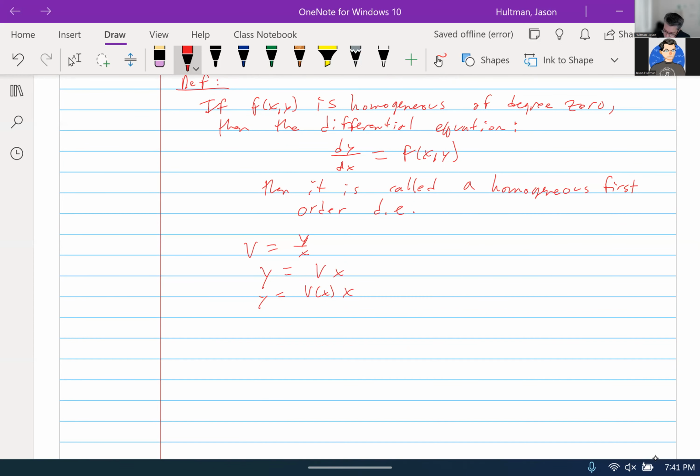If we get y equal to v of x times x, then what would the derivative of that be? What would dy dx equal? Well, dy dx is going to equal, let's do the product rule here. Derivative of the second times the first, well, that's just v of x.